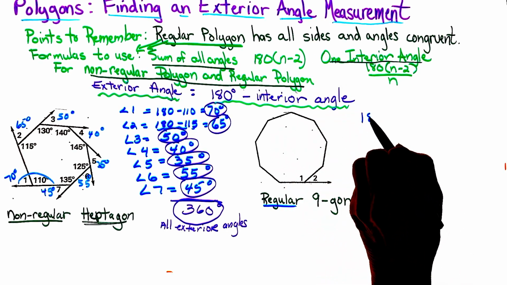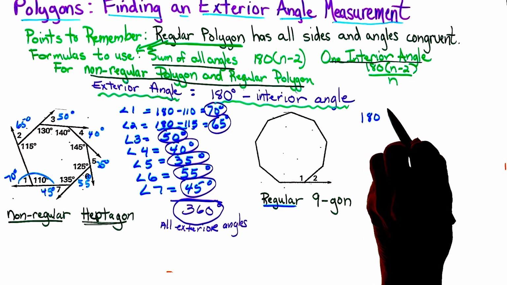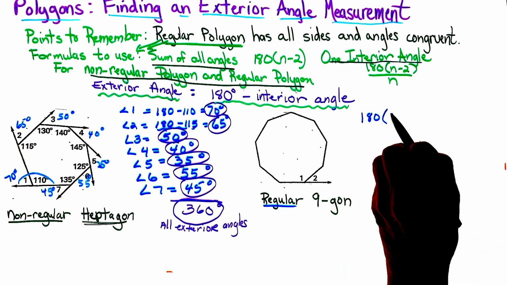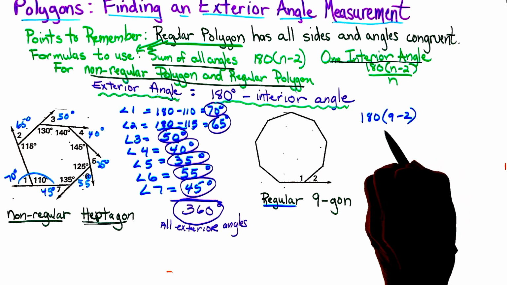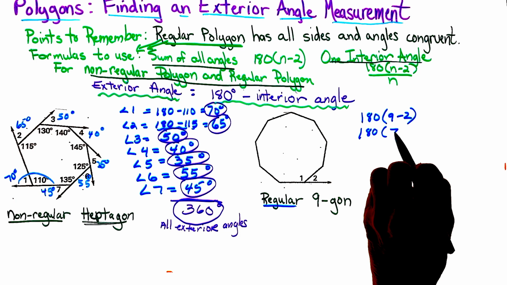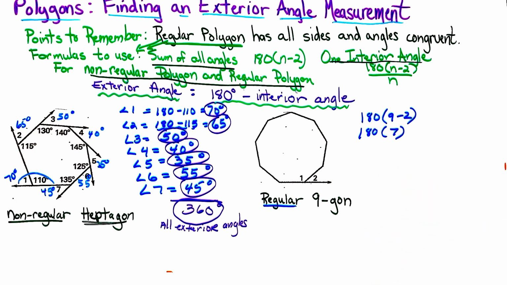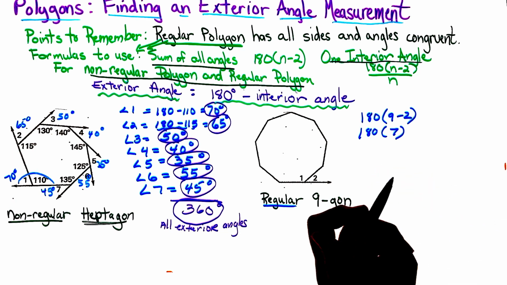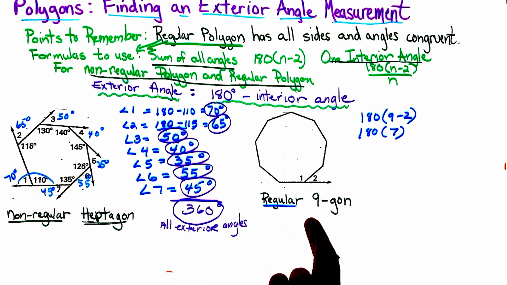It's 180 times, plugging in my 9 sides, minus 2, so I'm going to multiply 180 times 7 in order to find how many total degrees are in this n-gon.